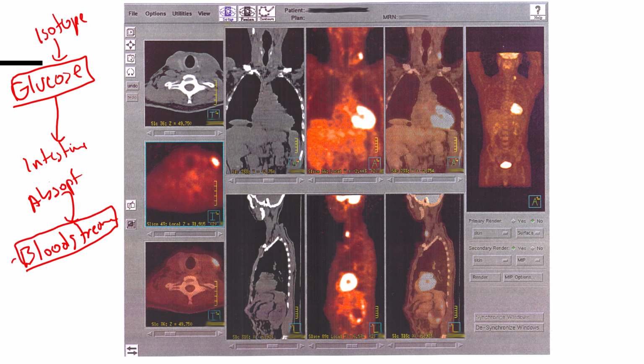Now remember that isotopes are radioactive. They produce radiation. And what this machine does is that it's able to capture the radiation that the glucose is producing. So let's look at the picture. So the patient took the glucose, and on this side, this is like a tomography, right?